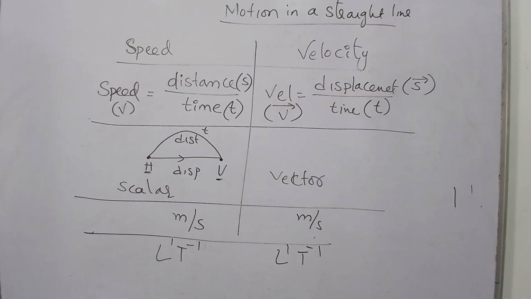Speed is the total distance by total time. Velocity is the total displacement by total time. Clear? The SI unit of speed is meter per second, the SI unit of velocity is meter per second. The dimensional formula of both is the same, L1 T minus 1. These are the differences between speed and velocity, beta.